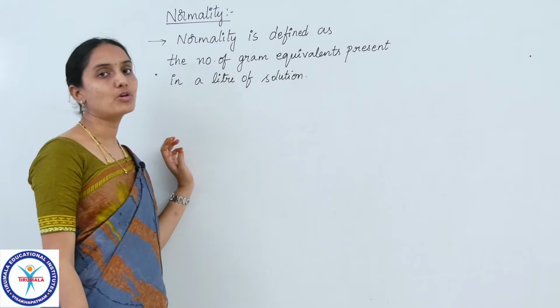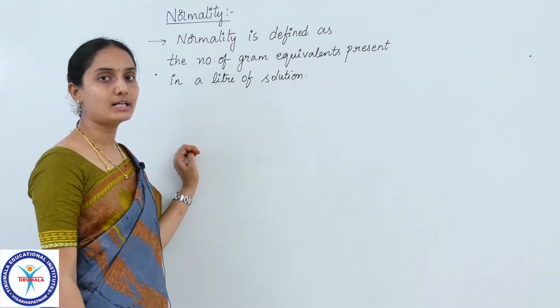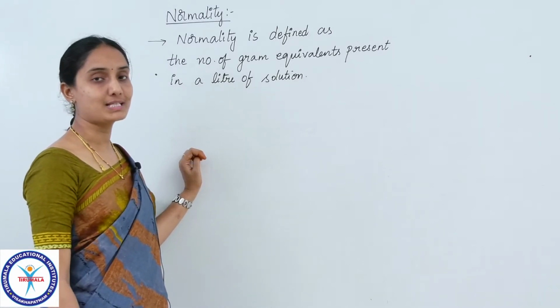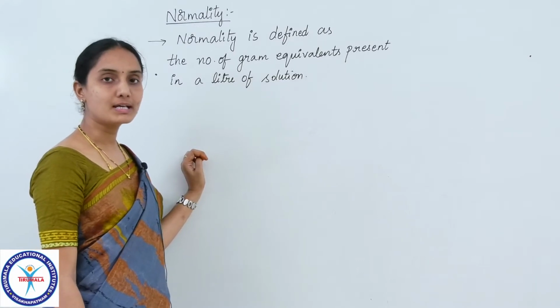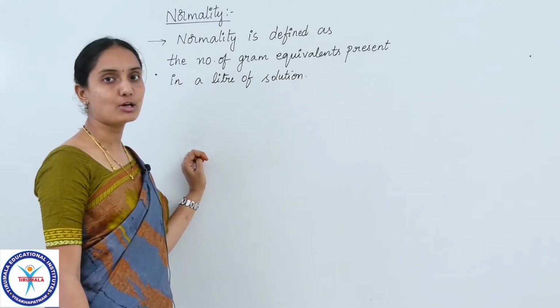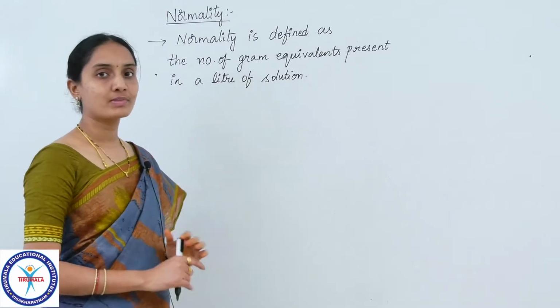So it is similar to molarity, children, but in molarity we consider the number of moles present per liter of solution, while here we consider the number of gram equivalents present per liter of solution.